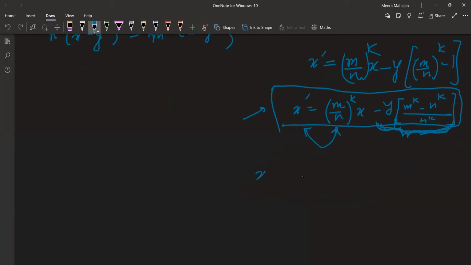Wait, I'll probably write it in another way from which you'll see it more clearly. But this is m to the power k minus n to the power k times y. Now can you think of something?